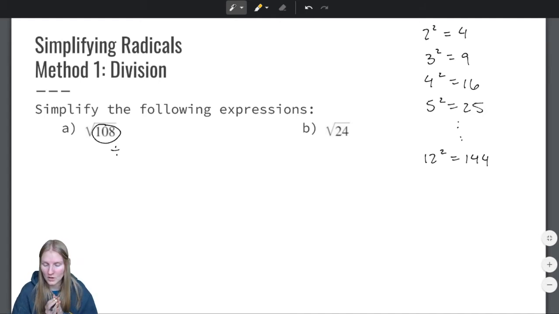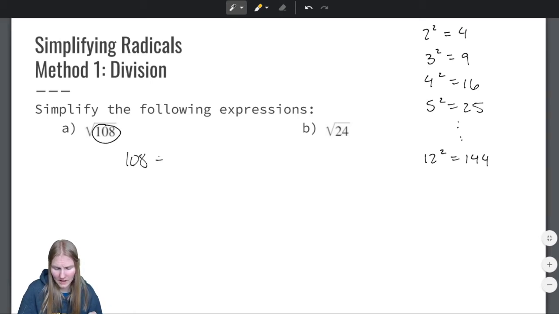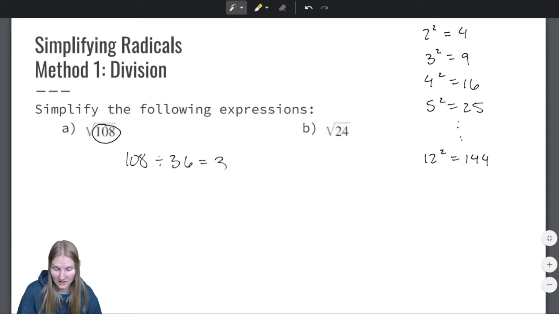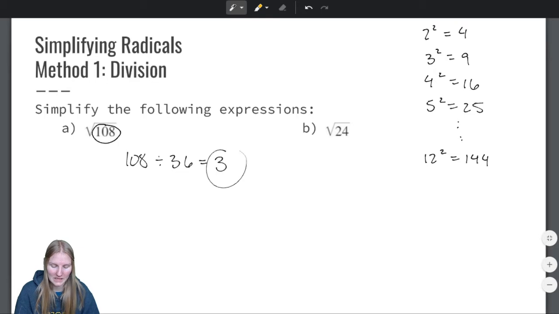So 108, we want to start with the biggest number that could fit into this. So let's try 36. Can I divide 108 by 36? Oh, we can. That was a good guess. 108 divided by 36 is 3.